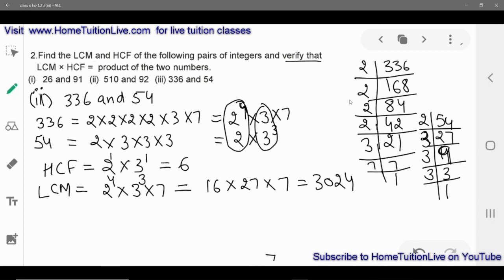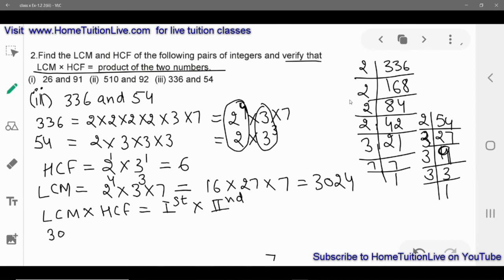Now we will verify. The verification is LCM into HCF equals first number multiply second number. So LCM is 3024, HCF is 6, and the numbers are 336 multiply 54.